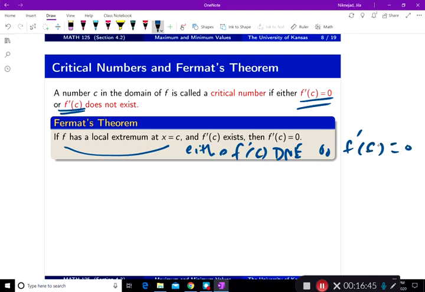So that's how we can word it differently, because it says if f has a local extremum at C and f prime exists, then it's 0. So if f has a local extremum at C, either f prime of C does not exist or f prime is equal to 0.